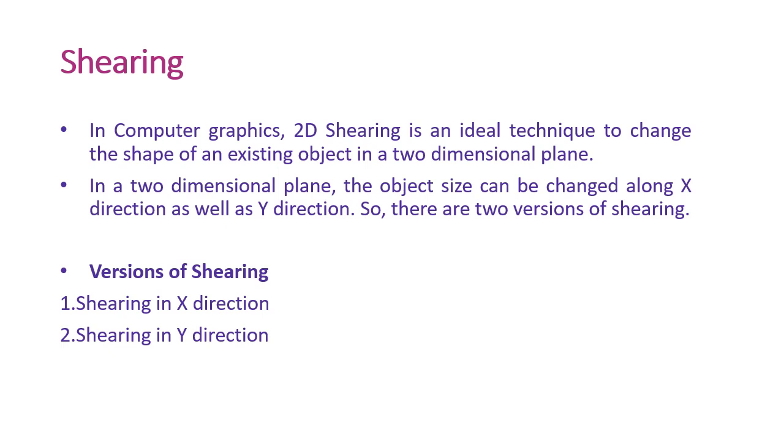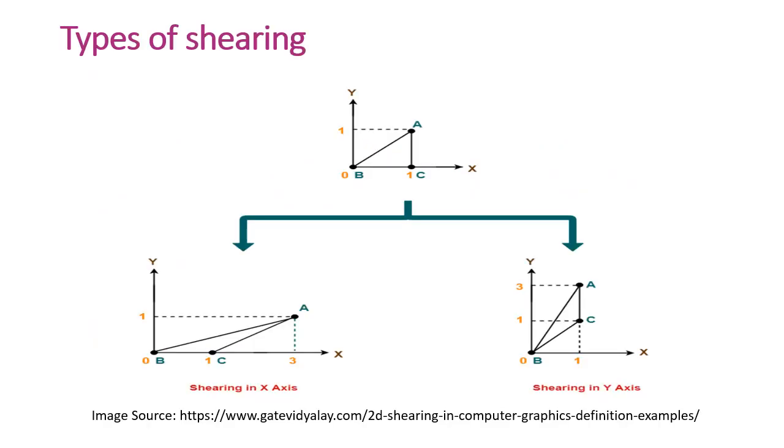So there are two versions of shearing. So we have two types of shearing transformation, that is shearing on x-axis and second one is shearing on y-axis. As shown in figure, it shows two versions, that is shearing in x-axis and shearing in y-axis.